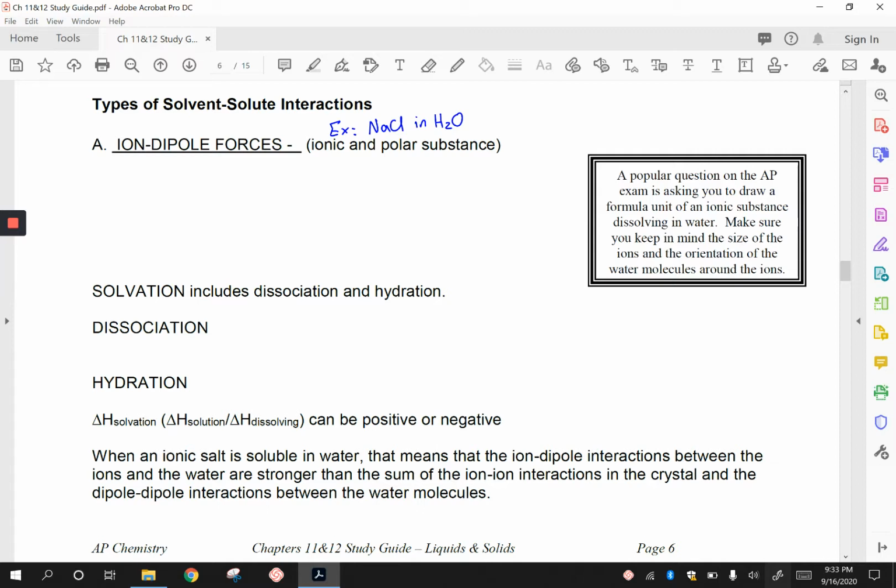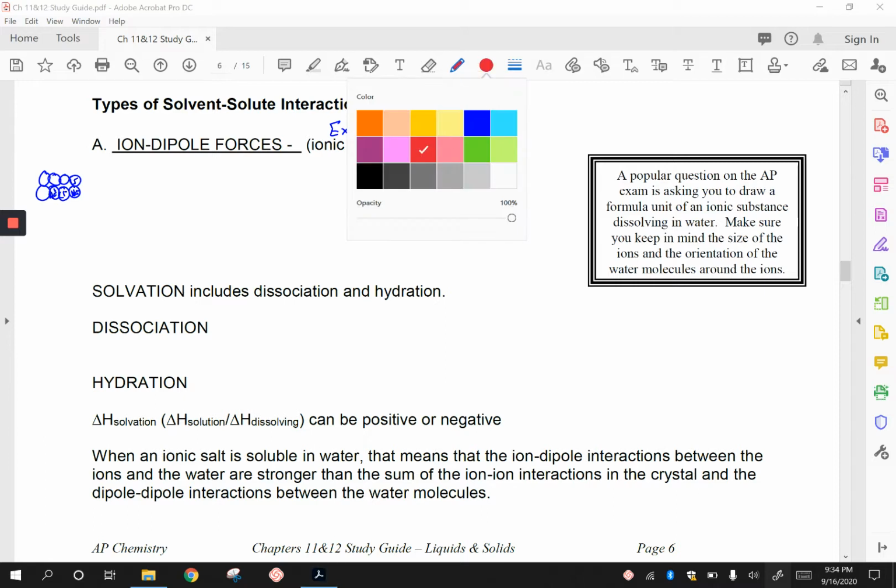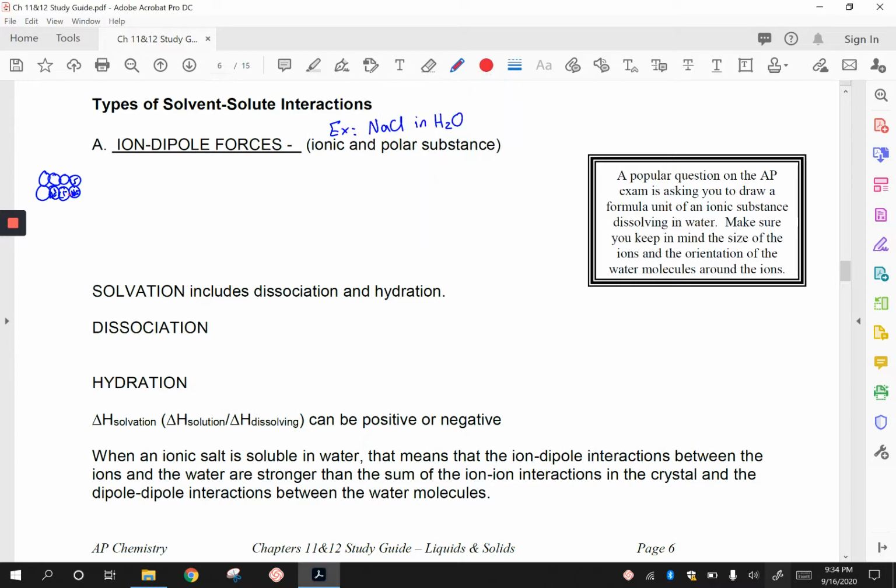So let's draw a particle diagram of what's happening if I were to take one formula unit of NaCl. So if I have a crystal here of NaCl, so I'm going to say Na+, Cl-, Na+, and so on. So there is an attraction between this Na+ and the neighboring chloride particles, right?